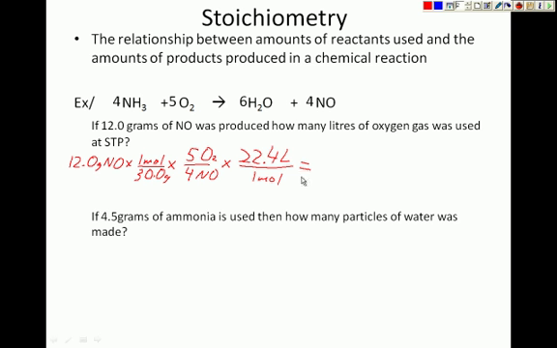Okay. Now, after doing this calculation, just to make sure, we have 3 sig figs, 3 sig figs. This is an exact number, 3 sig figs. Our answer will also have 3 sig figs. And so our answer turns out to be 11.2 liters of oxygen gas.